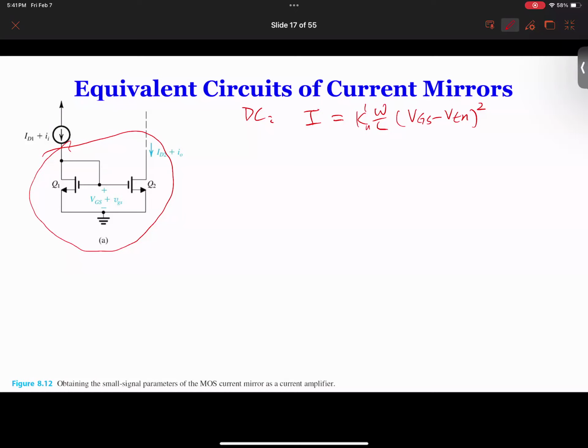And if we further look at how the current is related to VGS, let me see how do I explain this?